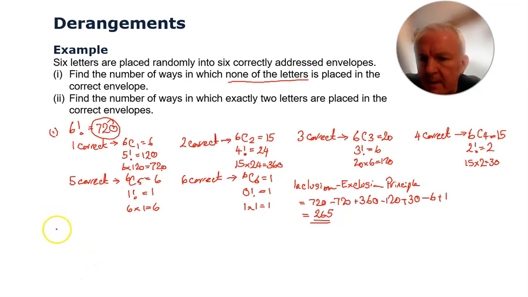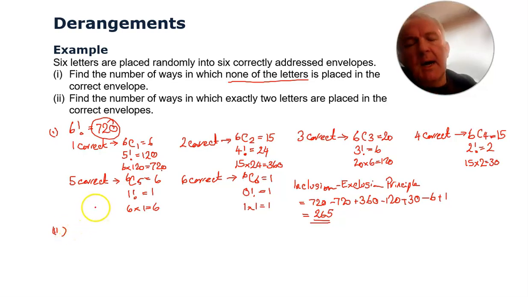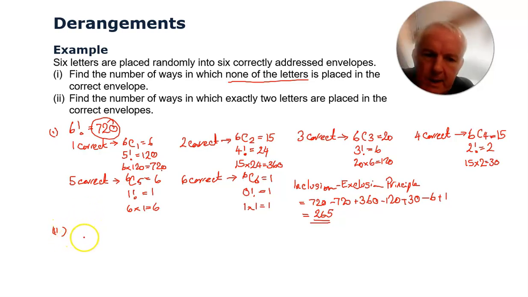Okay, now what's the next part say? It says find the number of ways in which exactly 2 letters are placed in the correct envelopes. All right, okay. So now I'm going to cheat a bit here because this makes it manageable in terms of what I'm expecting you to remember. So for part 2, to get 2 in the right place, so 2 correct, 4 must all be wrong.